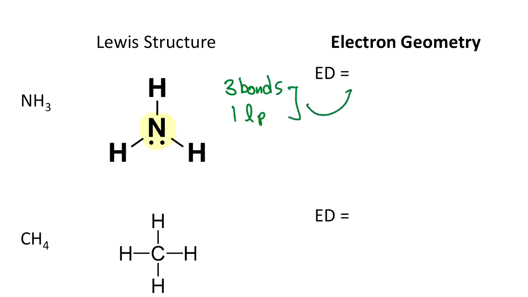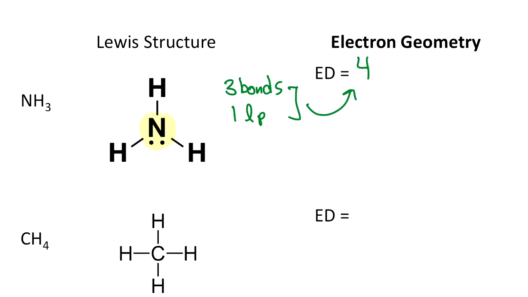So what is the electron domain number? 4, yes. We have to count where electrons are. We have electrons in 3 different bonds, and we have electrons in a lone pair. They all count towards our electron domain number. And it's through that number we can tell what the electron geometry is.